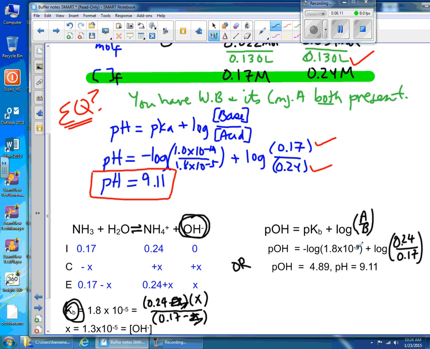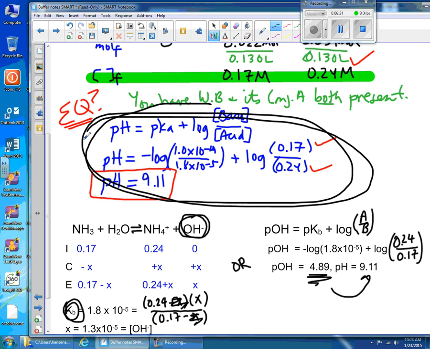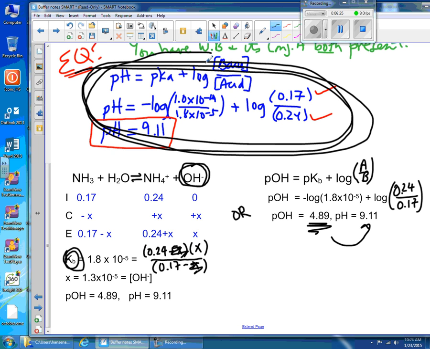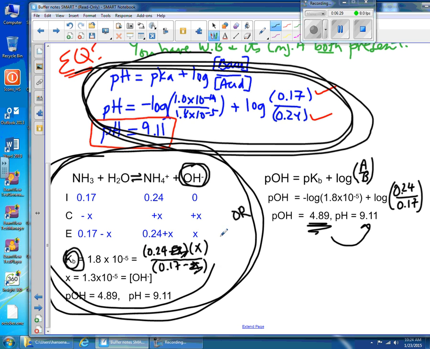When you solve, everything's totally fine, except you do have to make sure that you convert the pOH back to pH. So when it's all said and done, I'm going to suggest that this is the best method because it's simplest and easiest. But I do want you always to remember that if you're using the Henderson-Hasselbalch formula, you're really, in a very quick fashion, setting up an ice table. So every once in a while, you might want to kick it back old school and set up that ice table. Make sure you get the same answer.